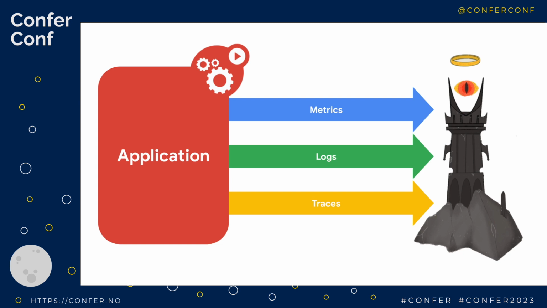We will see later what each one is, but from that data, which is just data, you send it to a central place, to a Sauron eye, where you can do correlation between the different signals and data that you have, and you convert it into information. With that information, you can take decisions and go check what's happening in your system. You can even avoid issues before they happen.